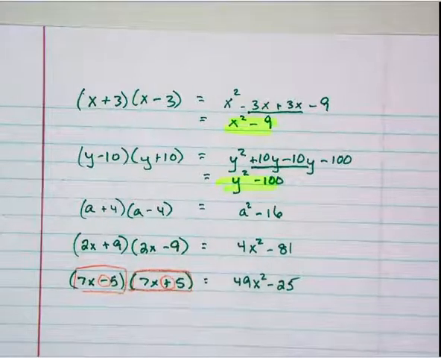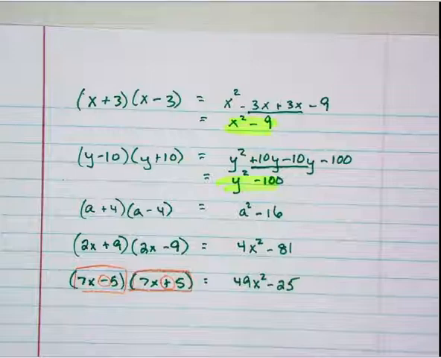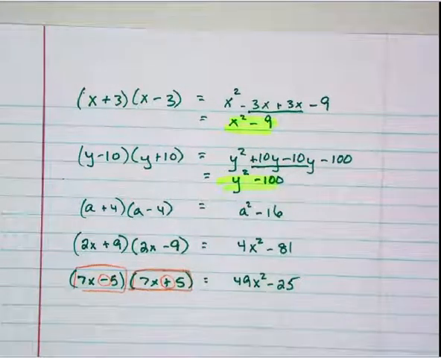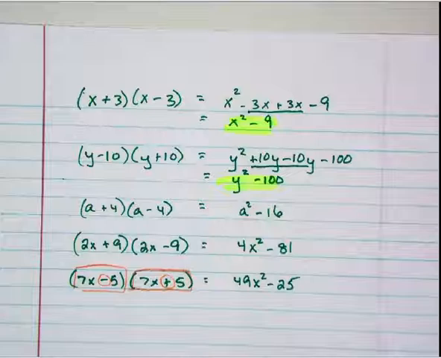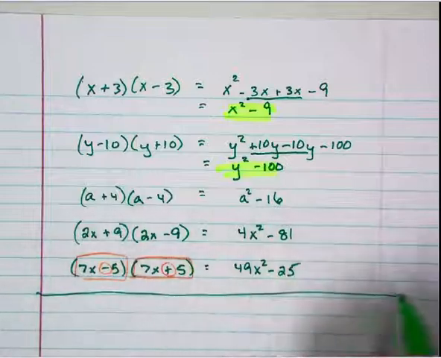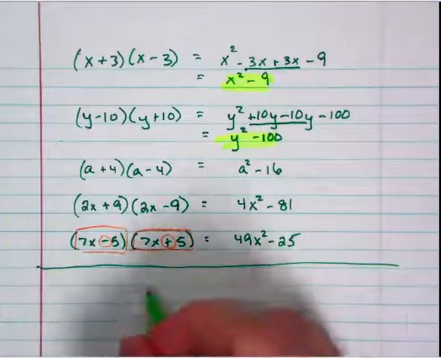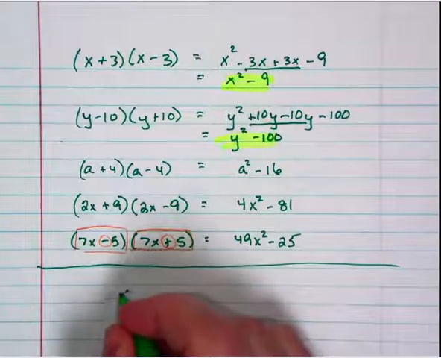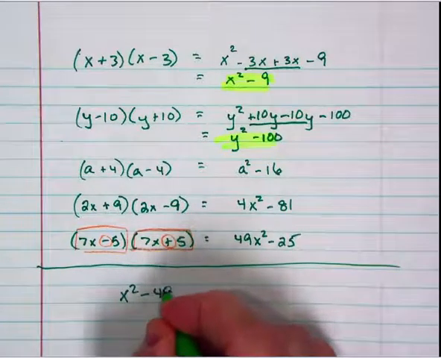So when we did our double distribution, there were always two middle terms that were exact opposites of each other, additive inverses, meaning that they go to 0 when we add them. So we're going to use that idea to move backwards now. If I was to start you with something that looks like, let's see, x squared minus 49.